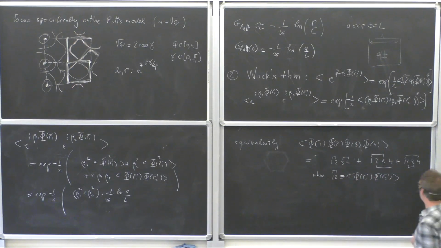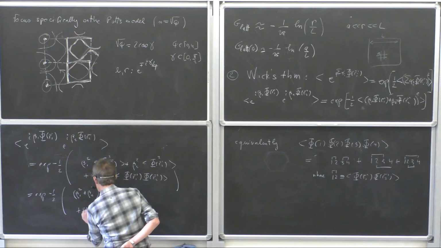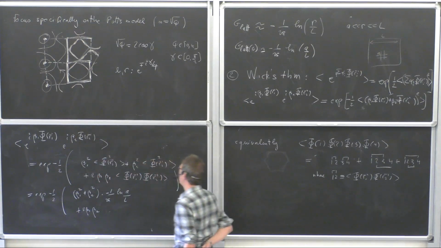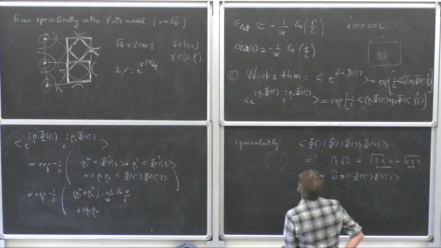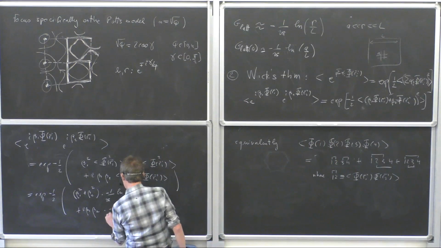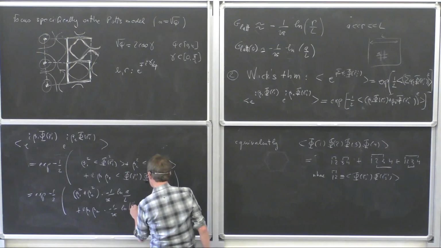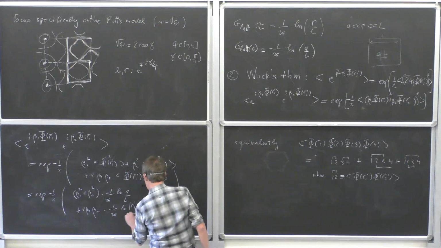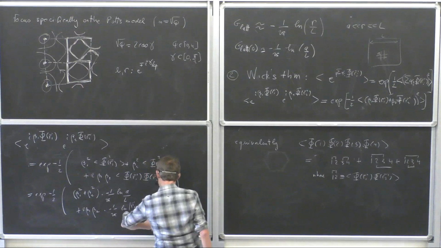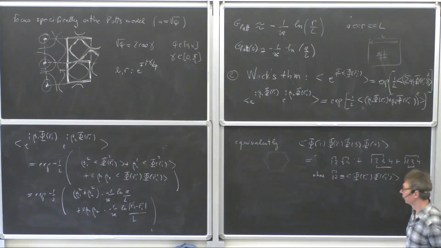Okay, a horrible thing that depends on a and on L. And then I have the plus 2 beta 1 beta 2 times phi of R1 phi of R2, which is minus 1 over 2 pi log of R1 minus R2 over L. Okay?